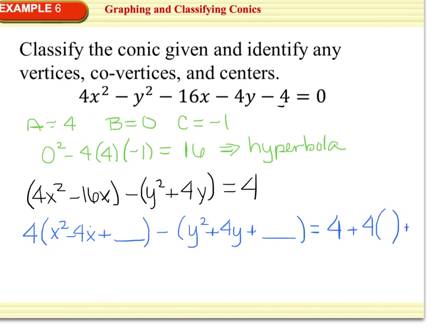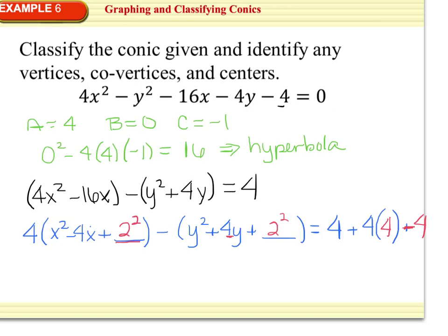So let's go ahead and complete the squares. Looking at this term here, half of 4 is 2. So I'm going to add 2 squared here, which is 4. So over in this spot, I'm going to go 4 times 4. And then I have half of this 4 is also 2. So I'm going to go plus 2 squared, which is also 4. And actually, because we are subtracting right here, we need to subtract that 4.